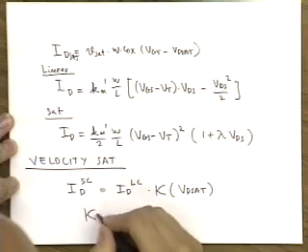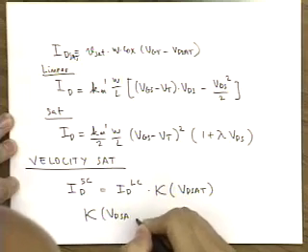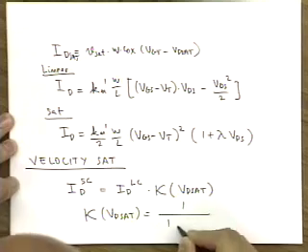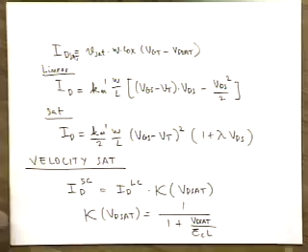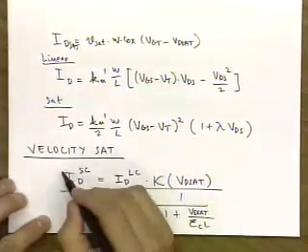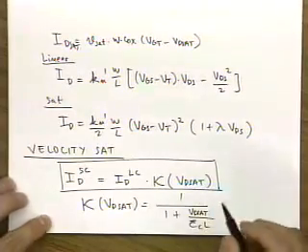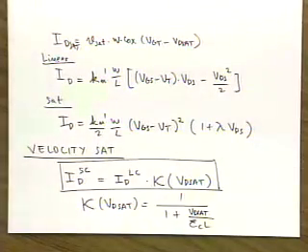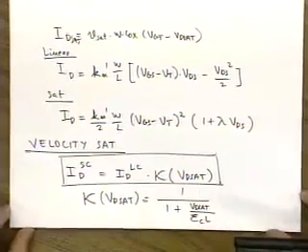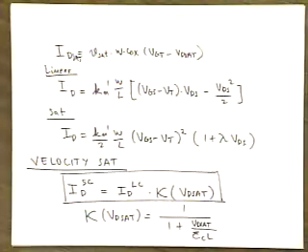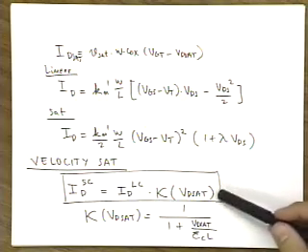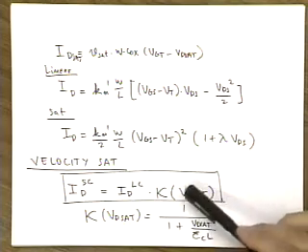And this parameter K of VD sat was equal to 1 over 1 plus VD sat over this critical field times L. So as you go towards short channels, this parameter K is less than 1, and then you have less current.